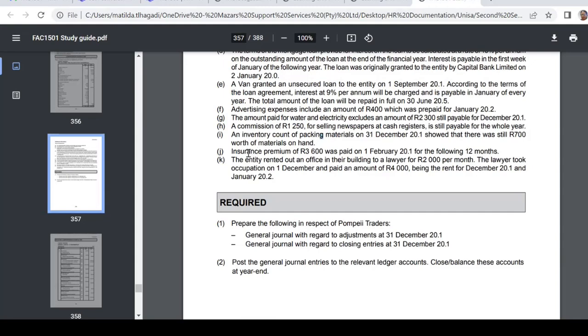Number J, insurance premium of 3,600 was paid on the 1st of January for the following 12 months.